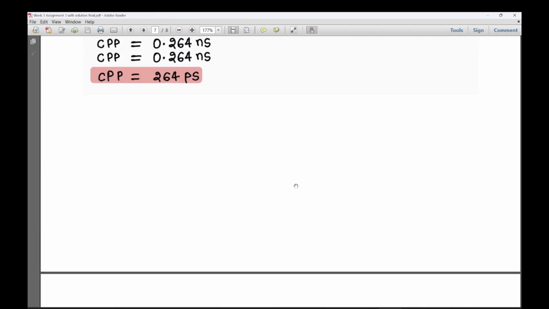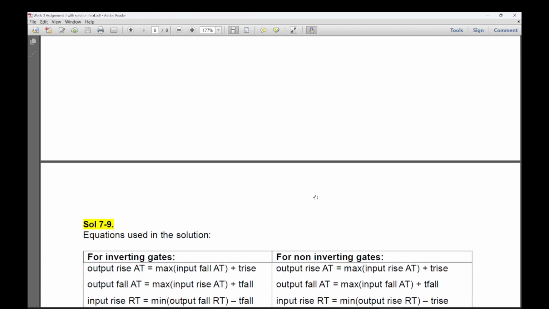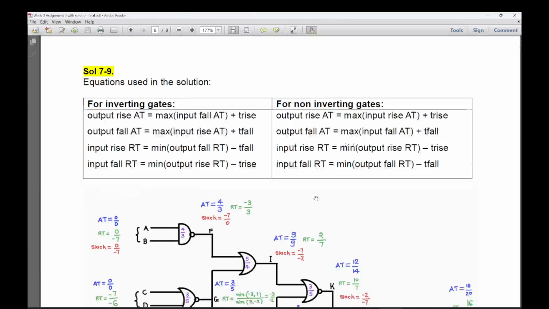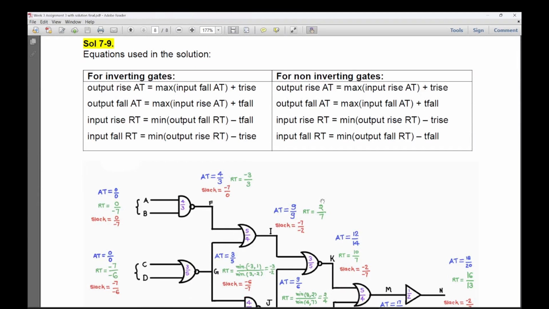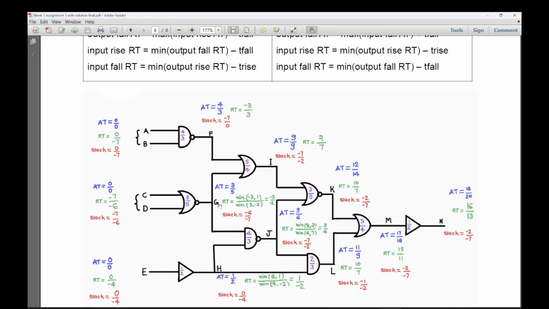Similarly, if you go to the second question, question number 8, the rise input required time at node G. Node G is this one. Required time is basically -3. Because it's a rise, so -3. There was a question in the discussion: why am I taking the minimum, why not the maximum?